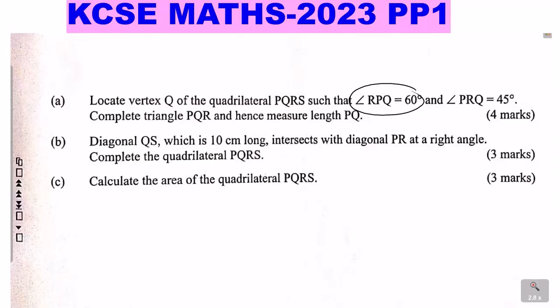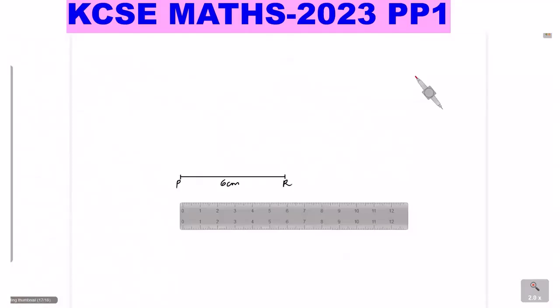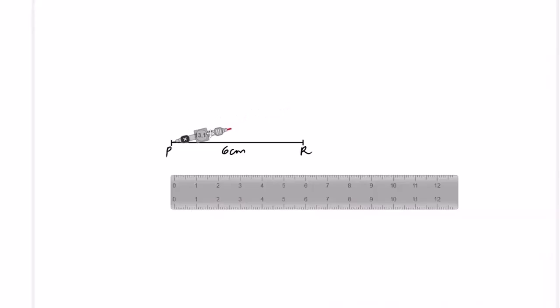So you're going to construct an angle of 60 degrees at P. To construct 60 degrees, take your pair of compasses and stand at P. Open the compasses to a convenient radius, then mark a big arc like that. Then with the same radius without changing anything, stand at the point where the arc cuts line PR and cut that arc. That is how you construct 60 degrees.